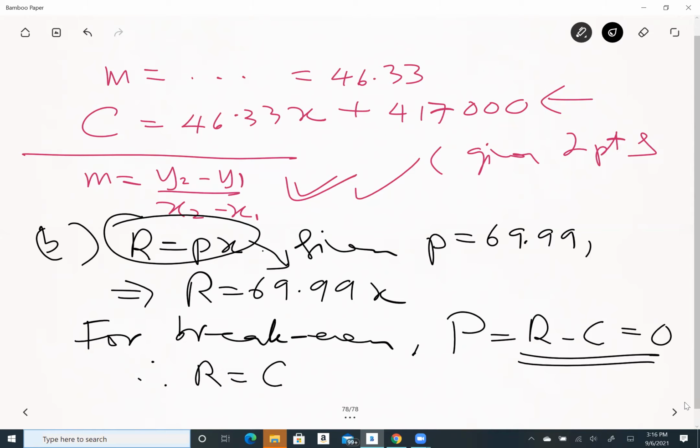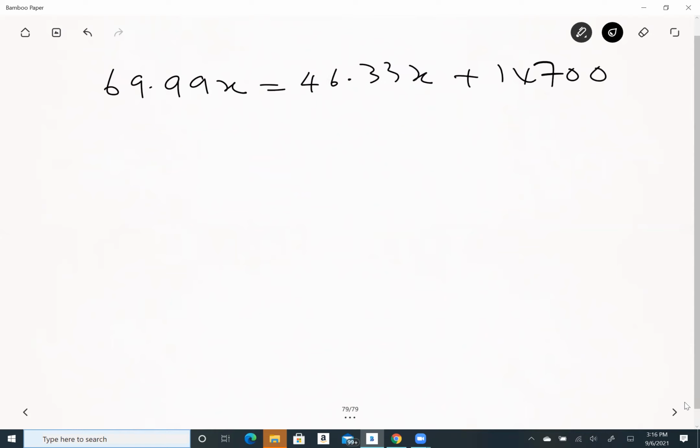So when you do that, what you will get will be what? 69.99x equal to 46.33x plus 147,000. You solve for the x. Simplify that. You will get 147,000 divided by 23.6. That will be equal to 6213.